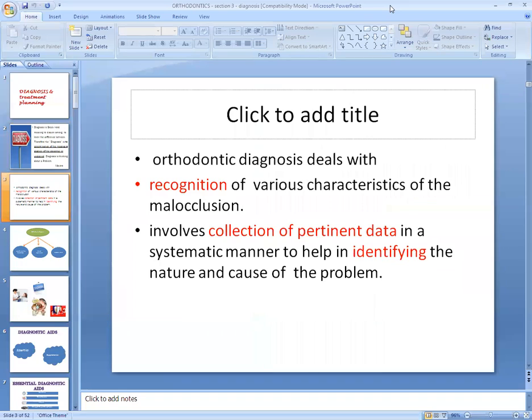Orthodontic diagnosis deals with recognition of various characters of the malocclusion and involves collection of the patient data in a systematic manner. That means by the case history we gather the data, and again by analyzing this data we will reach a final diagnosis.